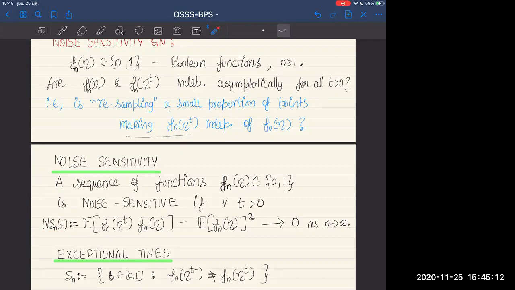NS_n of t is the covariance of f_n at time t with f_n at time 0, and in n this has to go to 0 for all positive t. This is noise sensitive. I don't know the exact origins, but I think it was by Benjamini, Kalai and Schramm in '98, '99, something like that. If I'm wrong, sorry; it could be a little earlier, but my understanding is they introduced this notion.